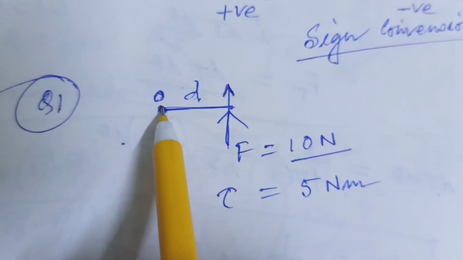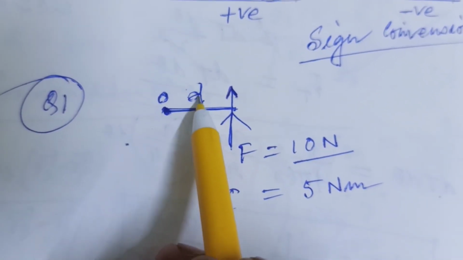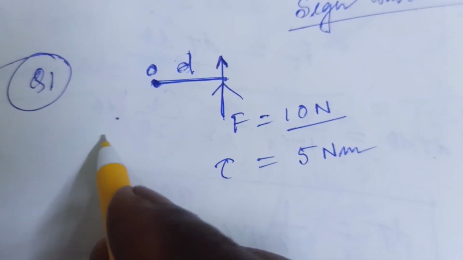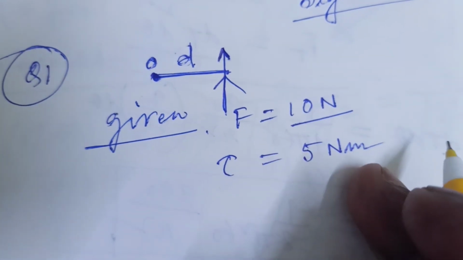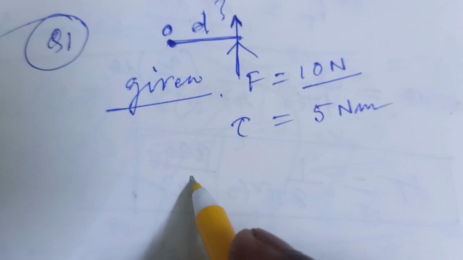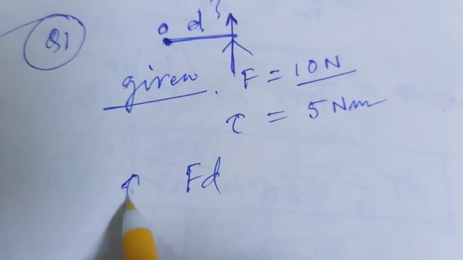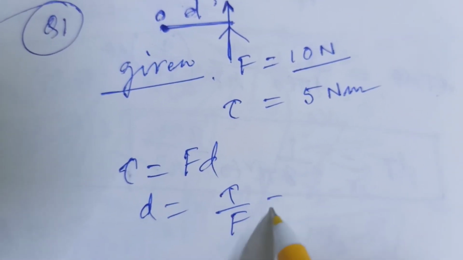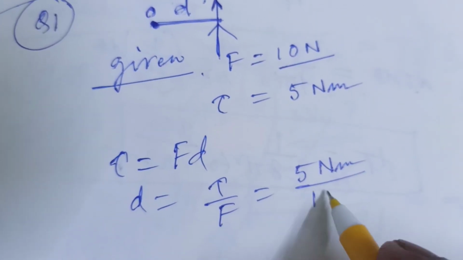So from O you have to calculate that particular line of action of force, that is the distance. So F equals 10, and tau is given, you have to calculate d. From the definition of moment we know that tau equals Fd, so d equals tau by F. Tau is given as 5 Newton meter, divided by force 10 Newton.